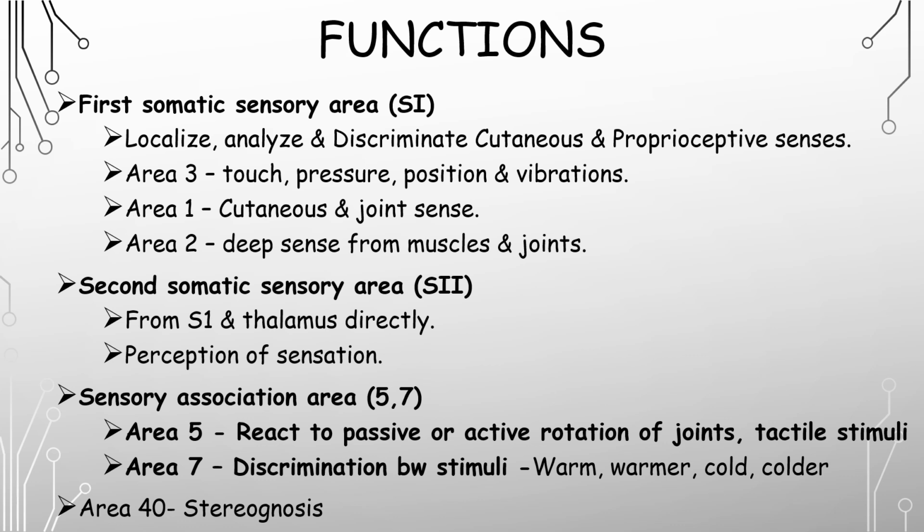Tactile localization, that is, the precise point stimulated, is accurately localized. Then tactile two-point discrimination, that is, two points of a compass placed close together are recognized as two and not as one. And then navigation. All these functions are concerned with the angular gyrus.